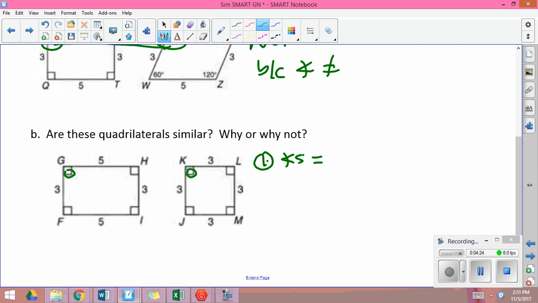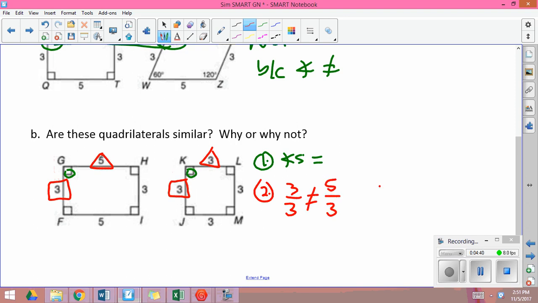Now corresponding sides to corresponding sides. Is 3 over 3 the same proportion as 5 over 3? I think all of you are pretty comfortable in saying that those proportions are not the same, therefore it is not similar. Here I multiplied by 1 to change it.